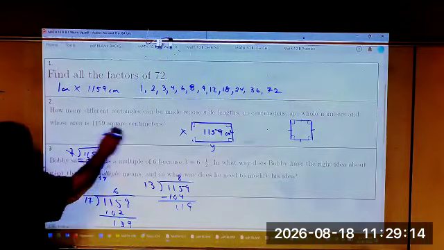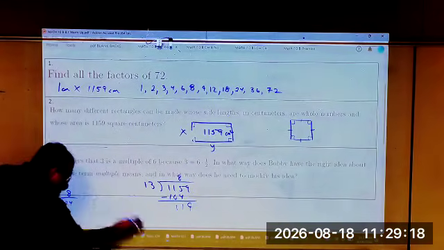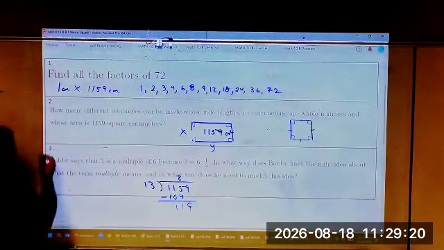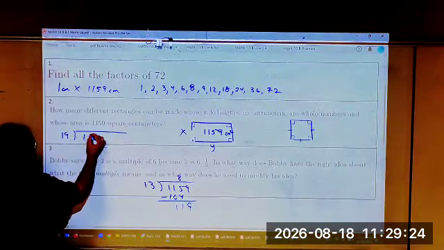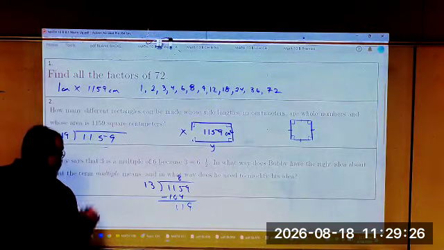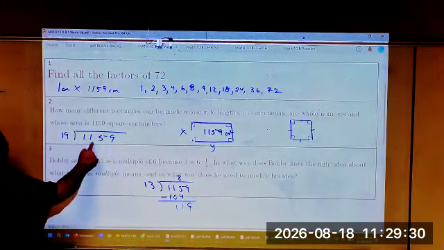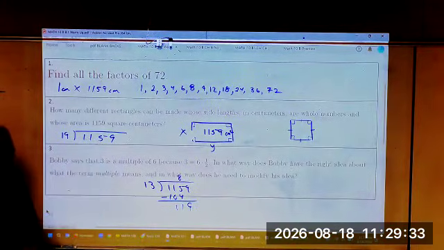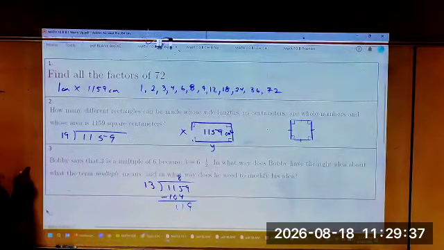About 17, 18. Nope, it's even. 19. 19 into 1,100. So last time was 17 times 106.